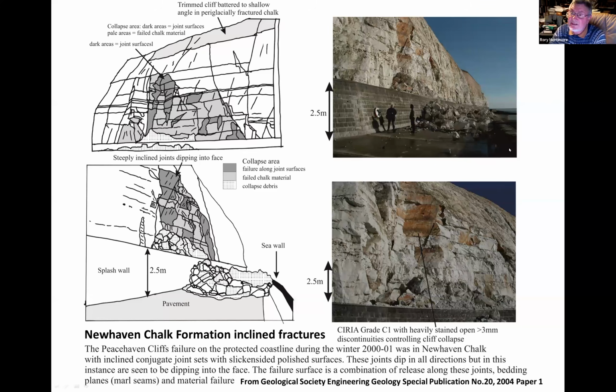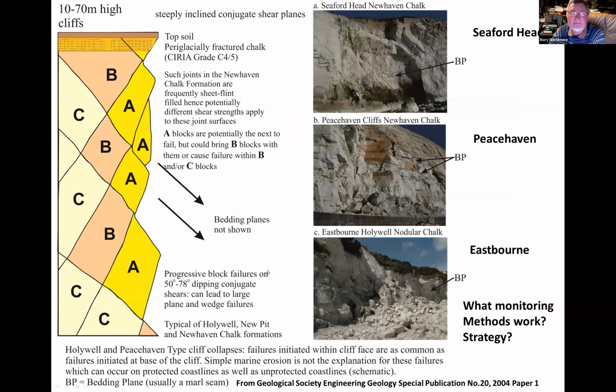And the idea of building a sea wall originally here was to protect these cliffs on the assumption that we wouldn't get the types of failure we now see, because there would be no undercutting of the cliff by the sea. The cliffs have been protected, but that doesn't stop these cliff failures occurring. But the scale and type of failure is very much dependent on the style of fracturing within the rock mass. And the style of fracturing varies with each formation.